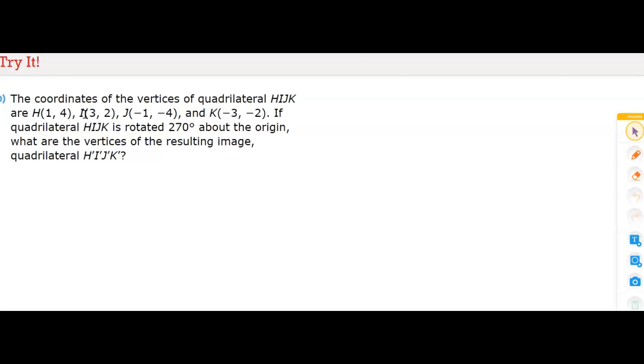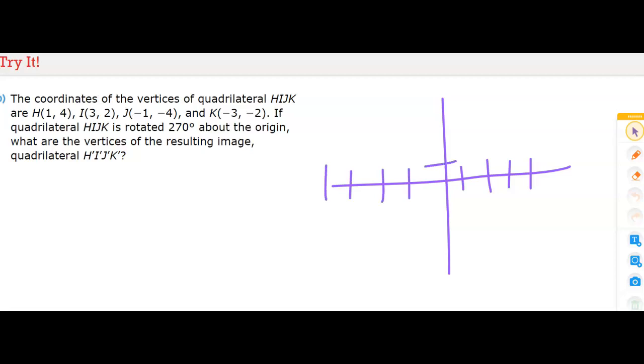For the sake of imagery, I'm going to draw a quick picture because it's not going to be exact. I'm going to graph the original HIJK.